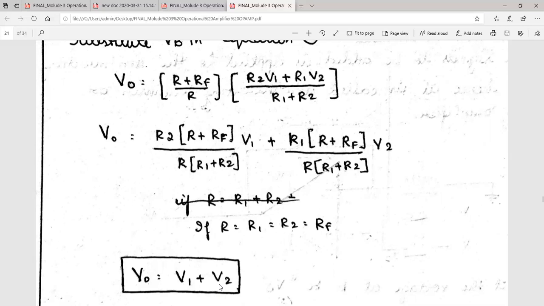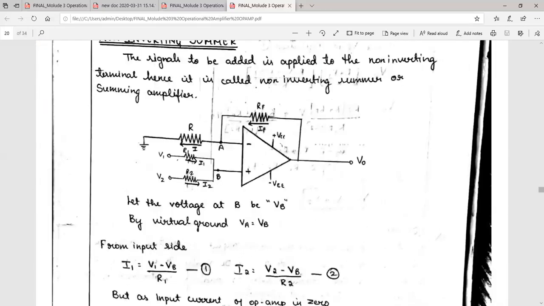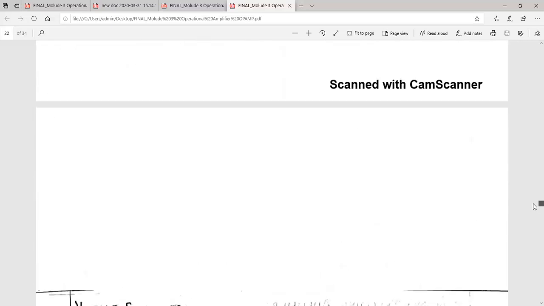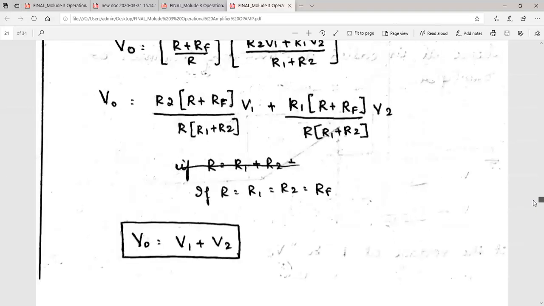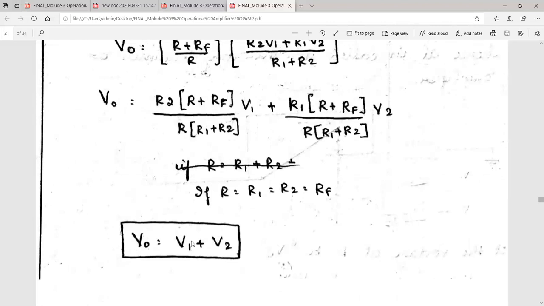Now clearly we can see that this particular non-inverting summer will produce an output voltage which is equivalent to V1 plus V2, which are the voltages applied at the non-inverting terminal. And we do not see any negative sign, as the inputs were fed to the non-inverting terminal.